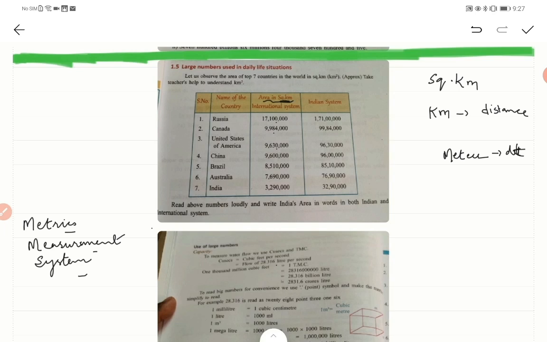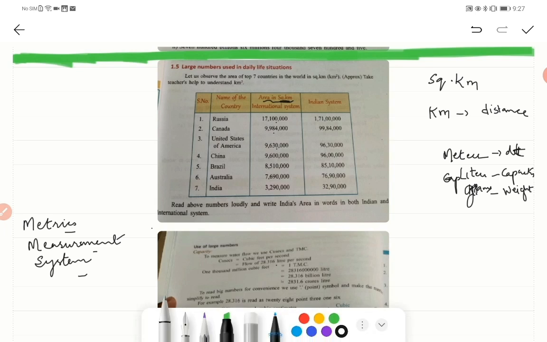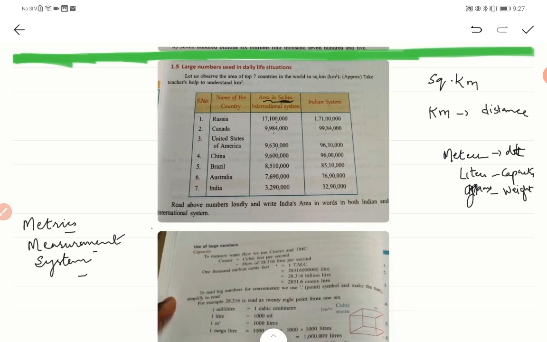To measure capacity we have liters. What about weight? Weight is measured in grams, and kilograms. So these are the basic measurements used.